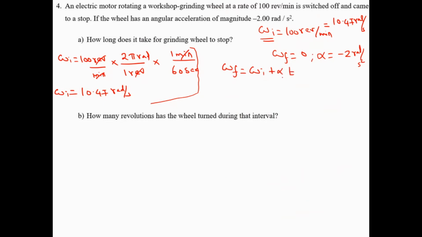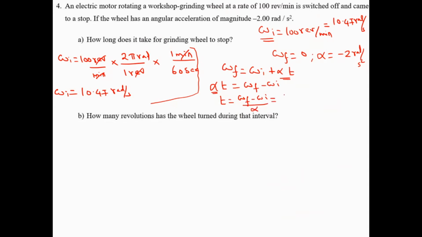I have to rearrange this equation in terms of t. I'm going to keep this alpha t here and move the initial angular speed to the left hand side. Angular acceleration multiplied by time is equal to omega final minus omega initial. Then I'm going to move alpha to the right hand side as the denominator. Therefore, t is equal to omega final minus omega initial over alpha.